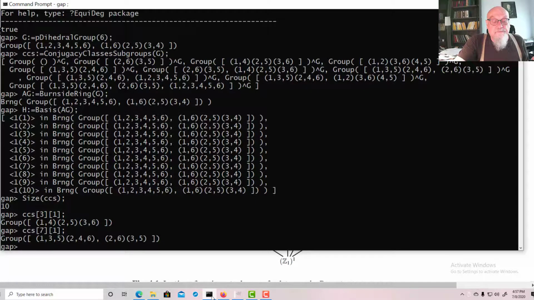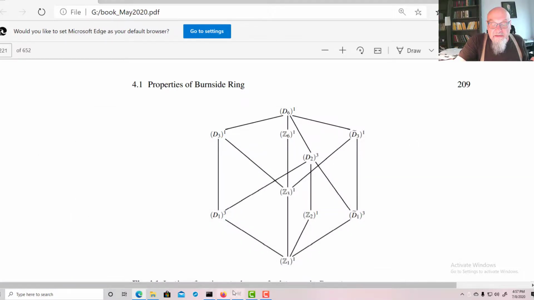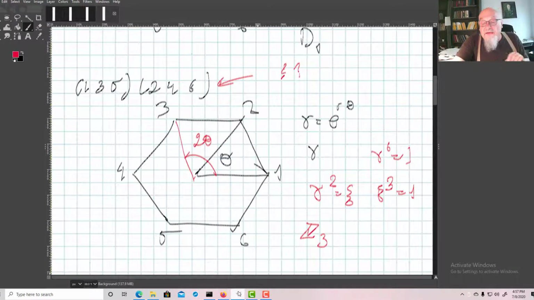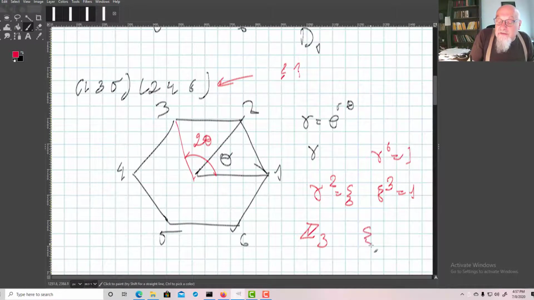So the other element in Z3, let me write it down, will be exactly xi to the power 2, and xi to the power 2 means this one.